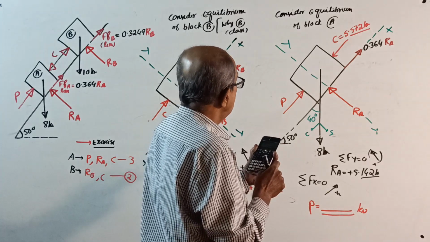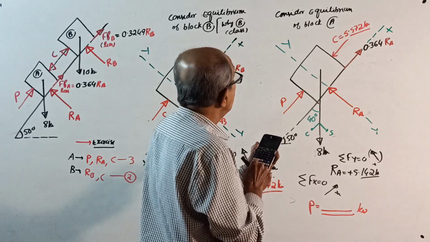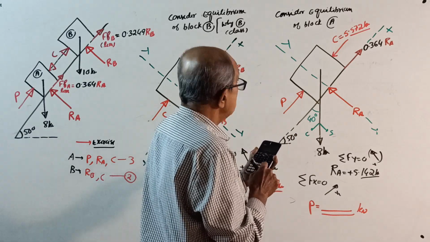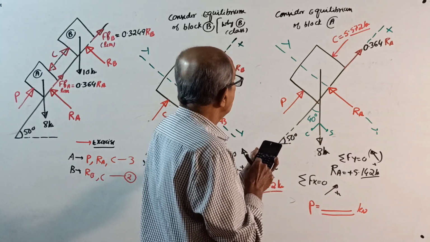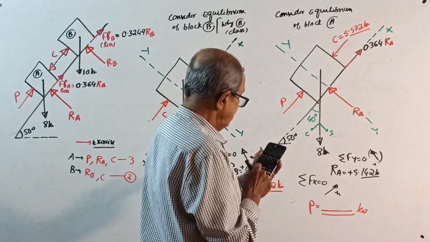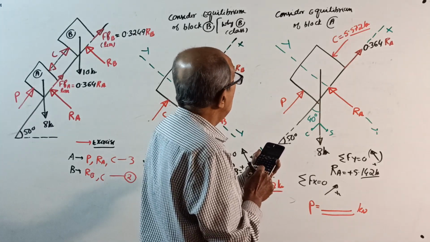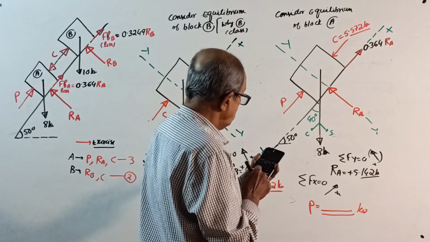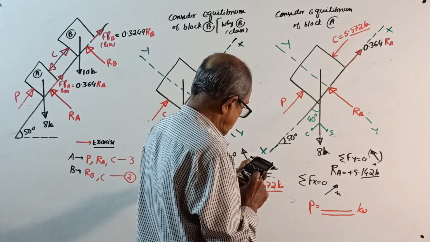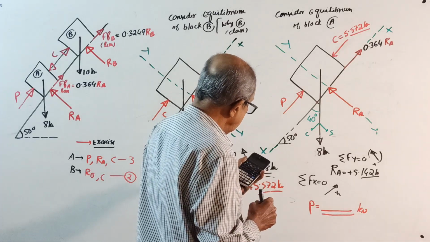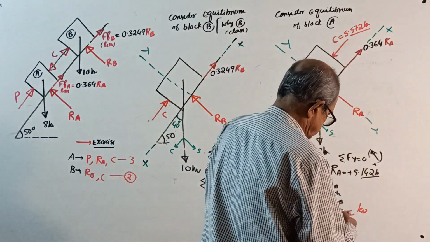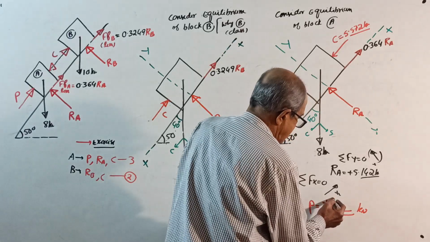To that one more adding which one? Plus 5.572, these are additional forces, equal to subtract 0.364 into RA, which is 5.142. P will come 9.829 kilonewton.